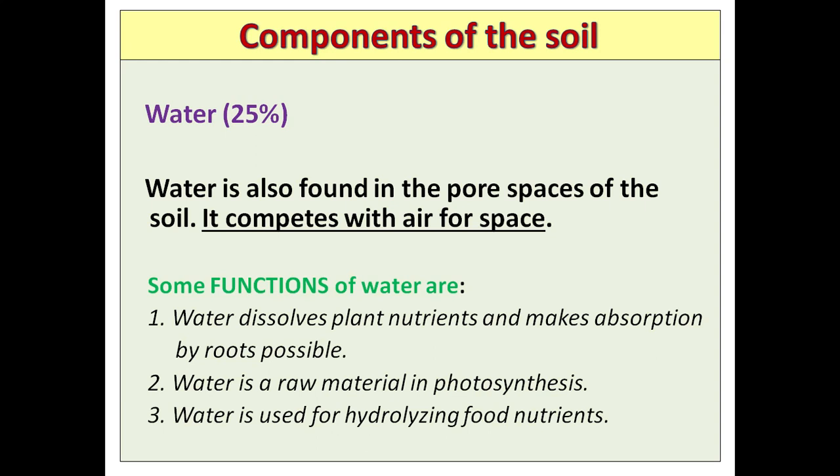Now, some functions of water are: number one, water dissolves plant nutrients and makes absorption by roots possible. Number two, water is a raw material in photosynthesis. Number three, water is used for hydrolyzing food nutrients.